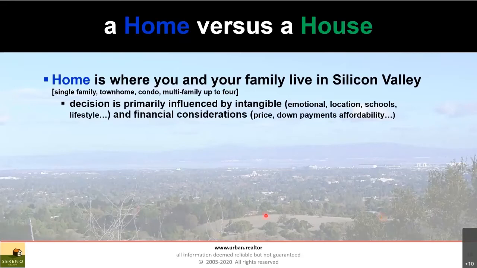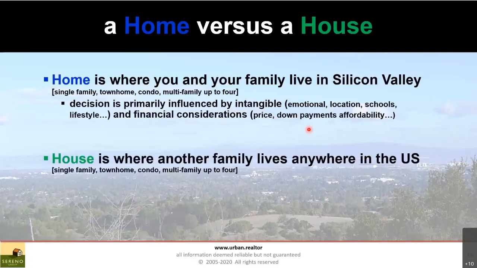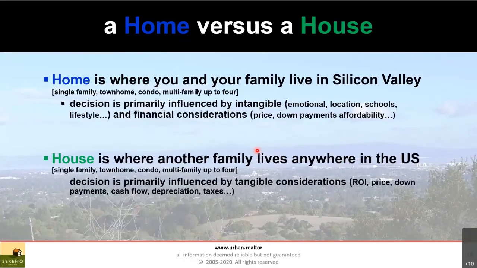The decision for a home is primarily influenced by intangibles: emotional factors, location, school, and so on, and financial considerations, price, down payment, and so on. When we talk about a house, which is basically an investment property, the considerations are different. The decision is primarily influenced by tangible considerations: price, return on investment, down payment, and so on.